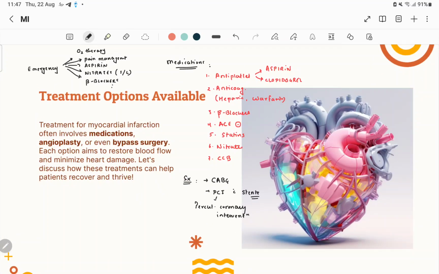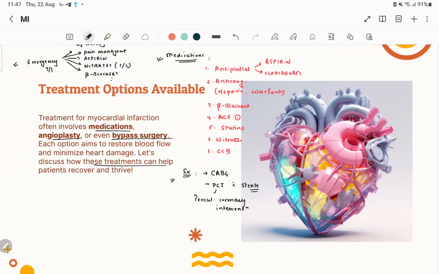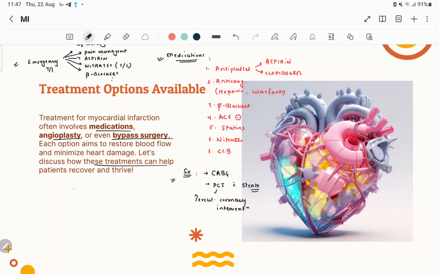So for emergency treatment, we talked about medications and some surgical options as well, like angioplasty or bypass surgery. Then we discussed the treatments which can help us recover, and we can do lifestyle modifications as well. These are important because prevention is better than cure, as we all say.